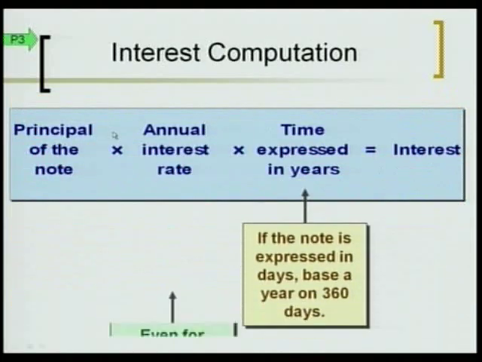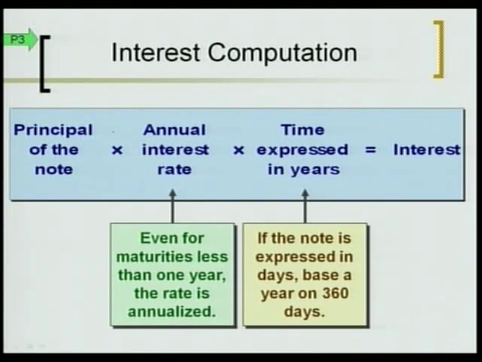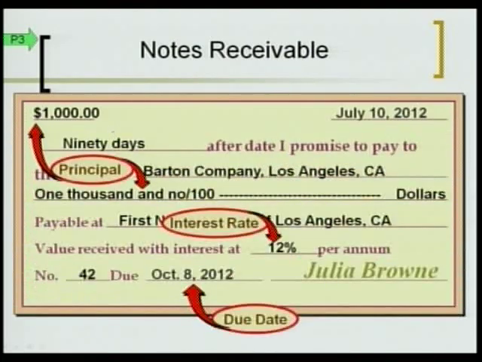Okay. Now, how do we calculate? Let's actually go back to this note. There's $1,000 is the principal here. But when this person, Julia Brown, pays off this note, is she just going to be giving $1,000 of cash? No. That's the principal she has to repay, but she also has to repay some interest.